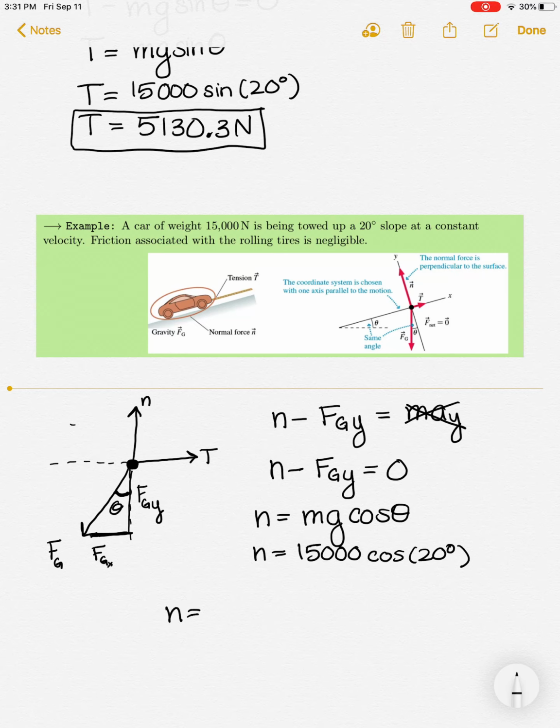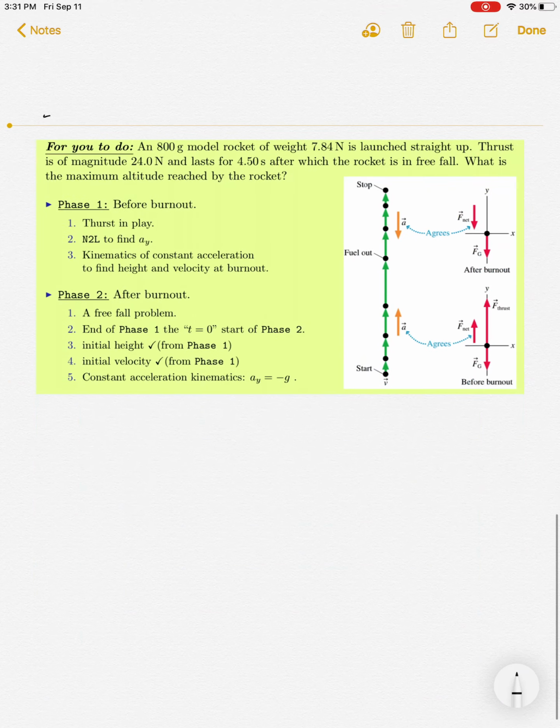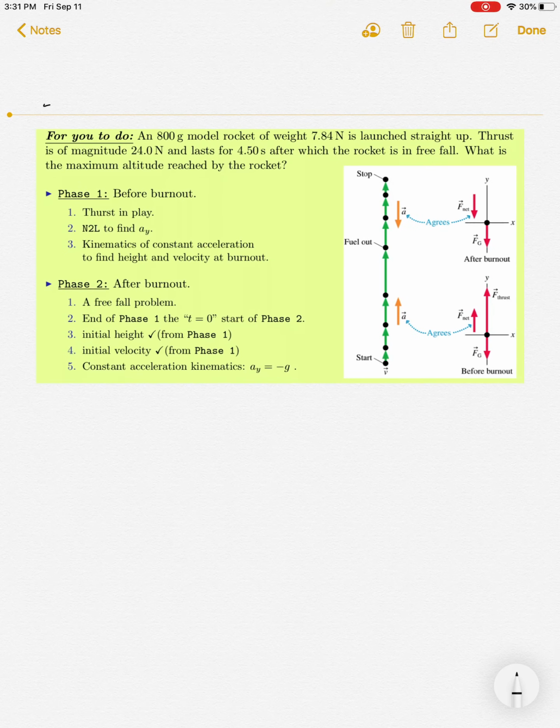So then our normal force that the car experiences is going to be equal to 14,095 newtons. And so that is how we can do one of these problems, especially with regards to the inclined plane. So now for the next problem.